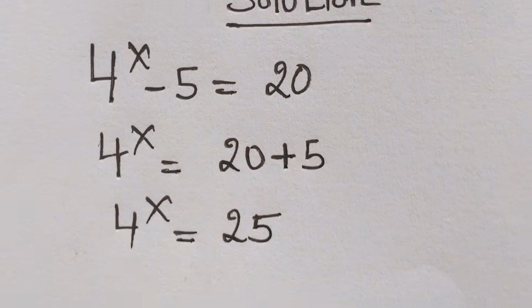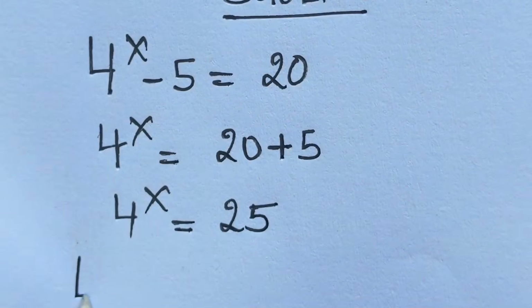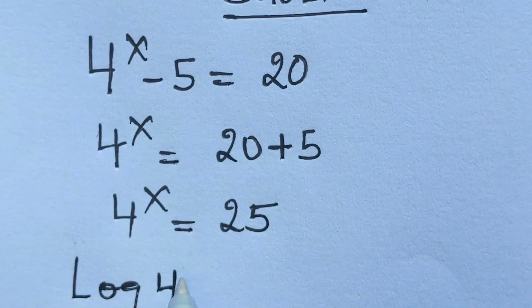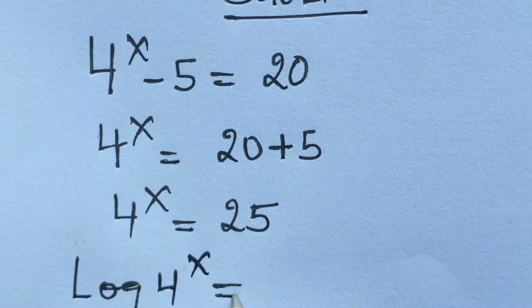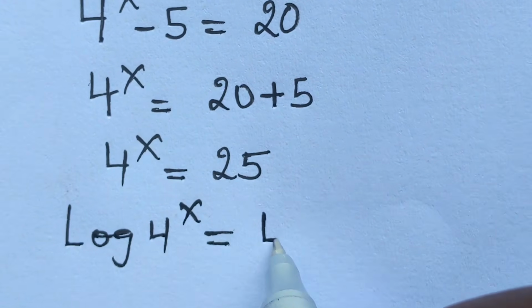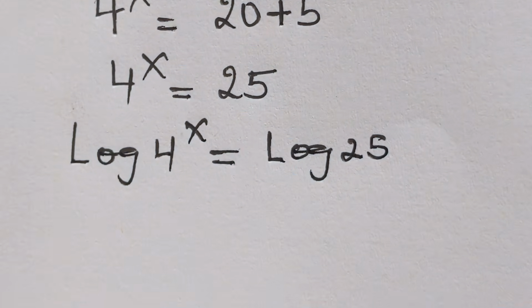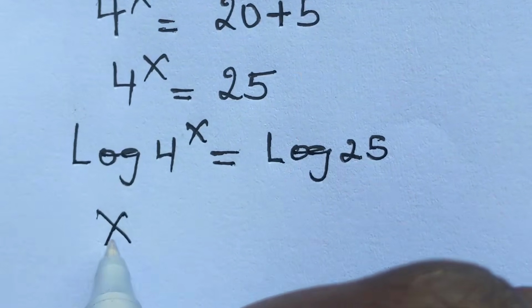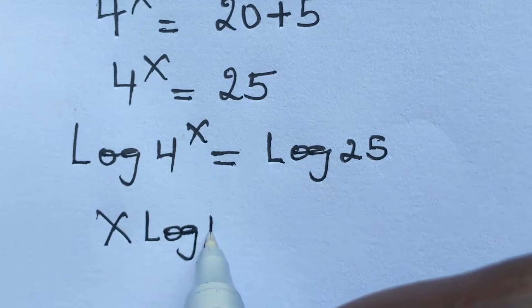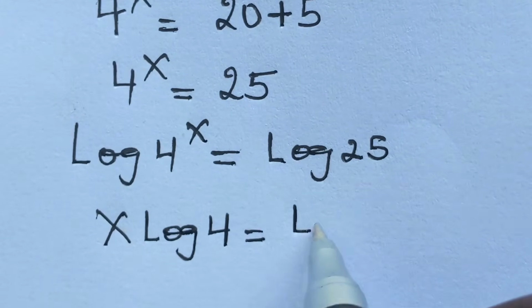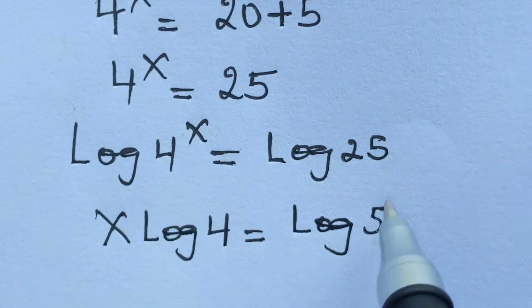At this stage, we can apply logarithm on both sides to get the logarithm of 4 to the power of x equals the logarithm of 25. So we can write x log 4 equals log 5 squared.